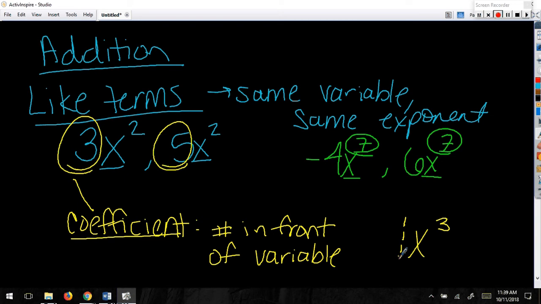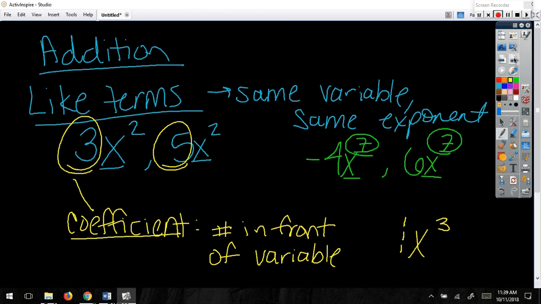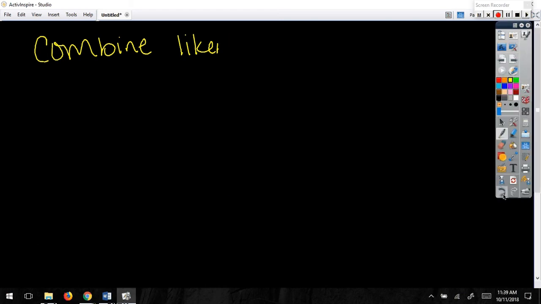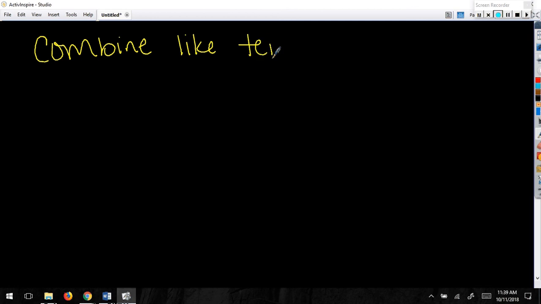So we're going to talk about adding polynomials, and when we add polynomials, we combine these like terms. So let's talk for just a minute, and again, this should all be review for you. We defined like terms, but now I want you to think about how we combine those like terms.